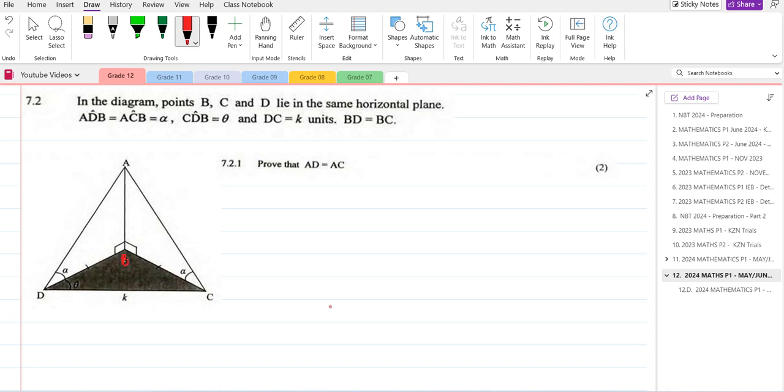That's B. CDB, angle D, so this angle there is theta, okay? And DC is equal to K units. And BD equals BC. So those are equal, right? So obviously, if those are equal, then this angle C over here will also be theta. Angles opposite equal sides. Now prove that AD equals AC.